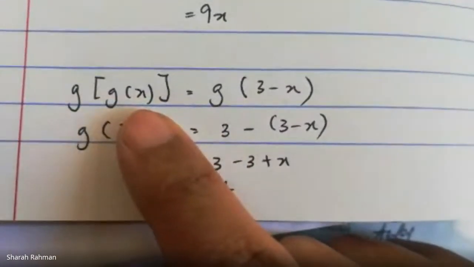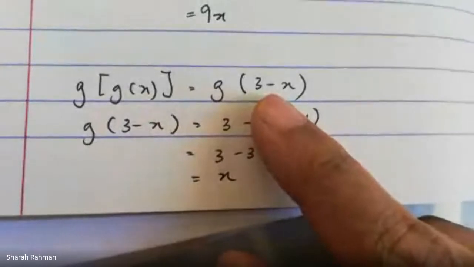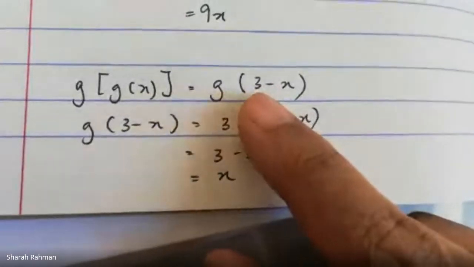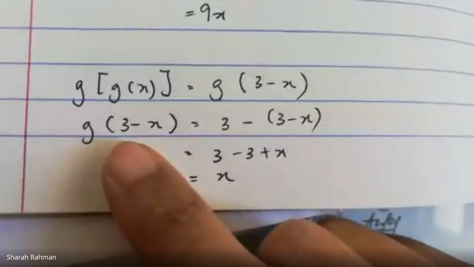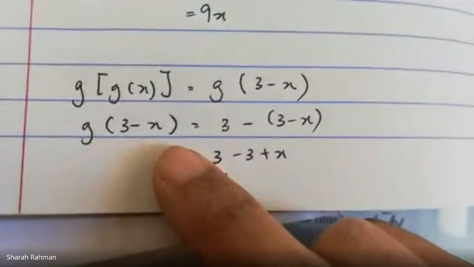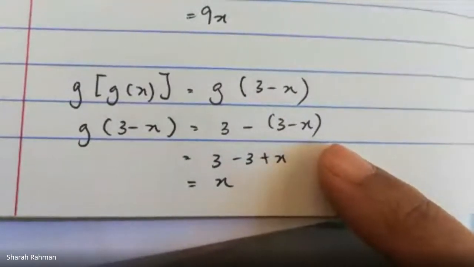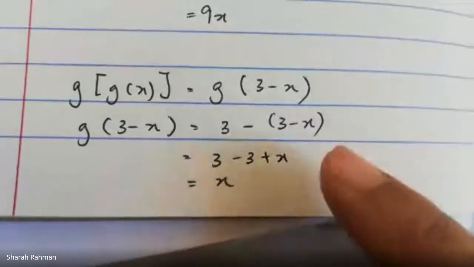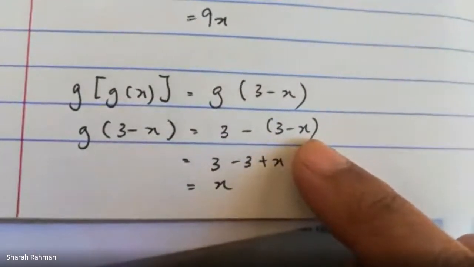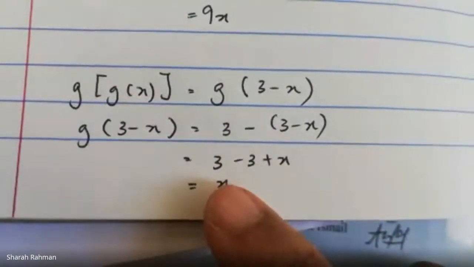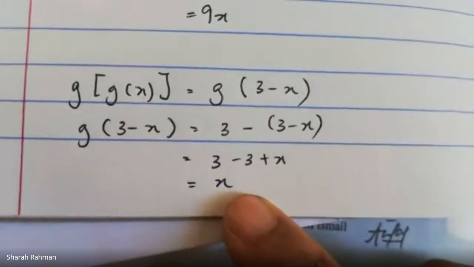We find g(x), given g(x) is 3 minus x. So g(3 minus x), we will substitute in the function given, which is 3 minus x. x we substitute with 3 minus x here. Then we open the bracket, then we will simplify until we get x.